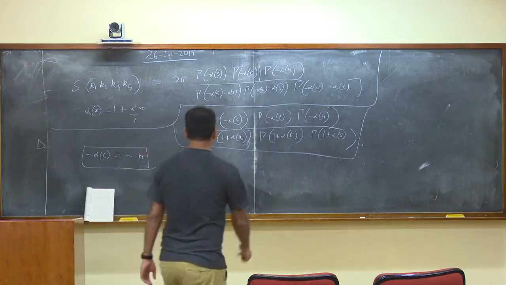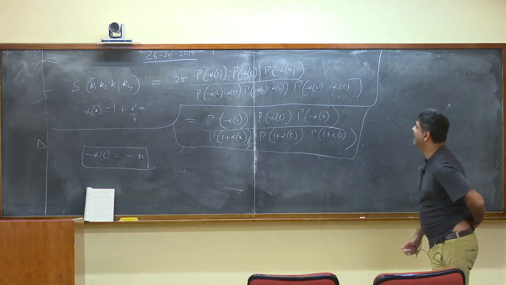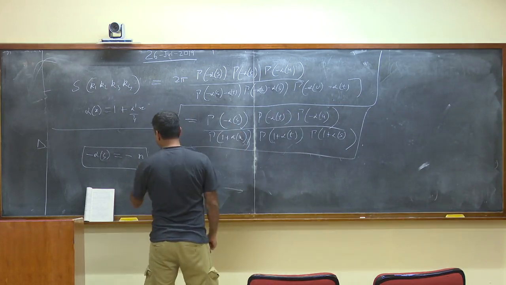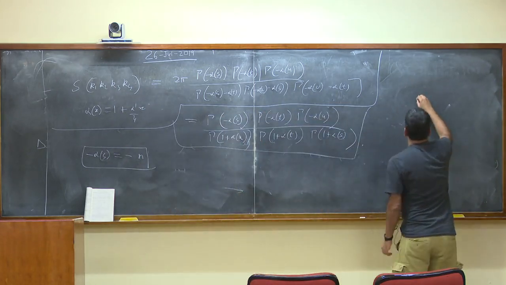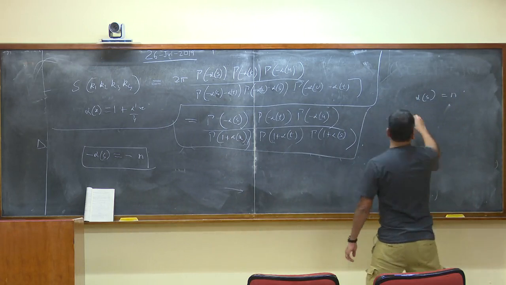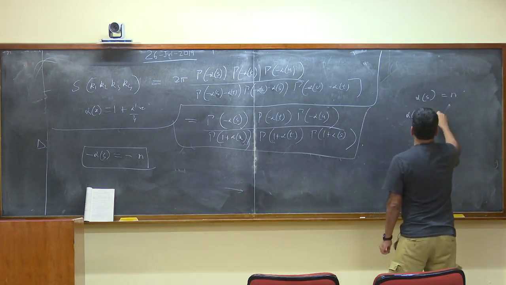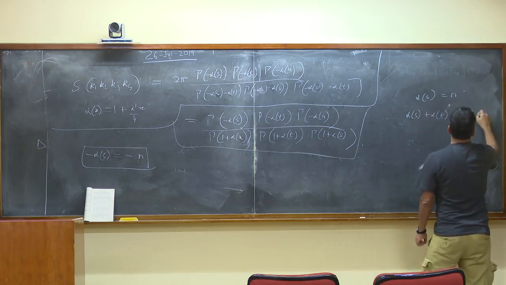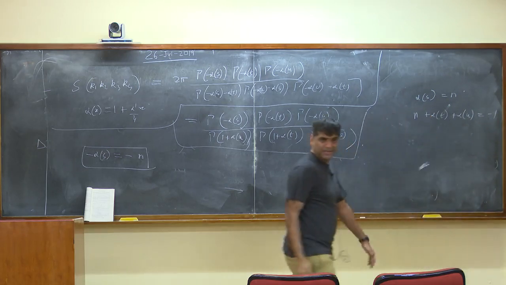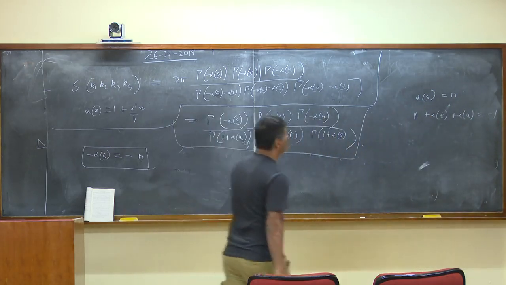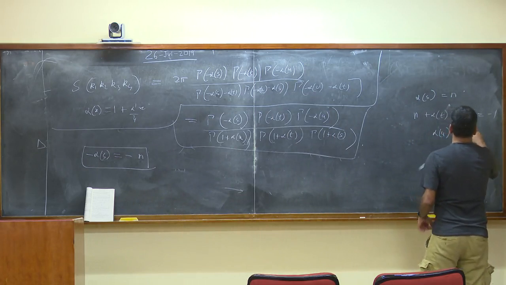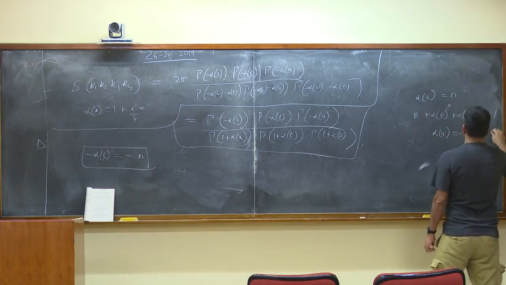For the residue, we set alpha of S to be minus n, so we have alpha of S equal to n. But we also know that alpha of S plus alpha of T plus alpha of U was equal to minus 1, and therefore n plus this is equal to minus 1. So we can write it all in terms of T, for instance. We get alpha of U equal to minus 1 minus alpha of T minus n.